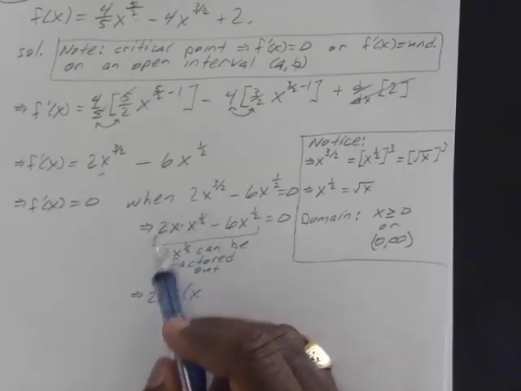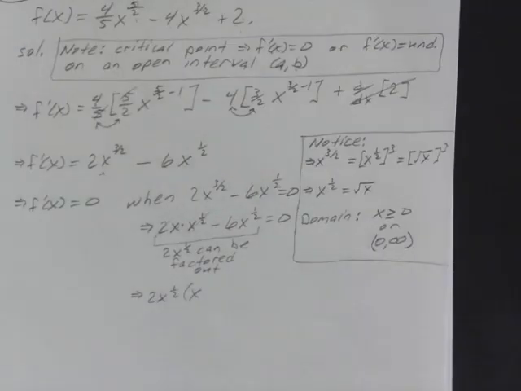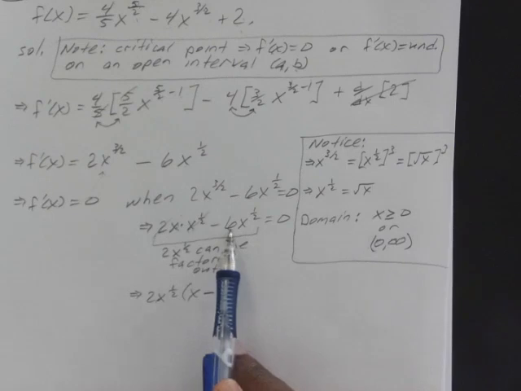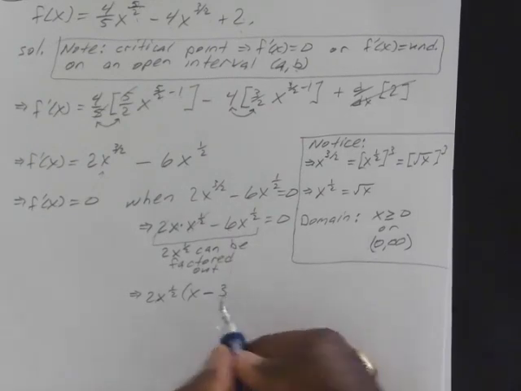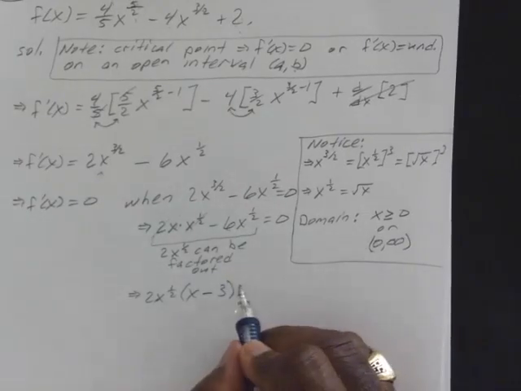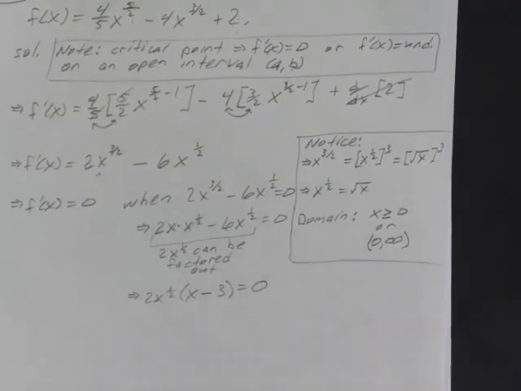Minus, if we factor out a 2 here, that just leaves a 3. We factor out that x to the 1/2, that leaves x minus 3. That's equal to 0.